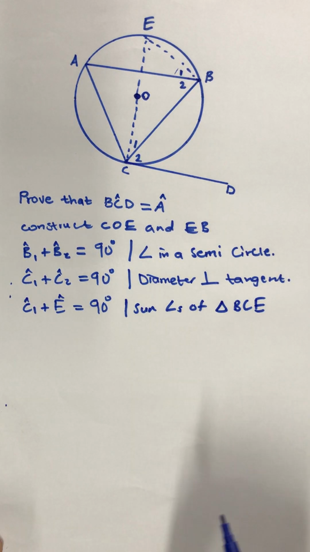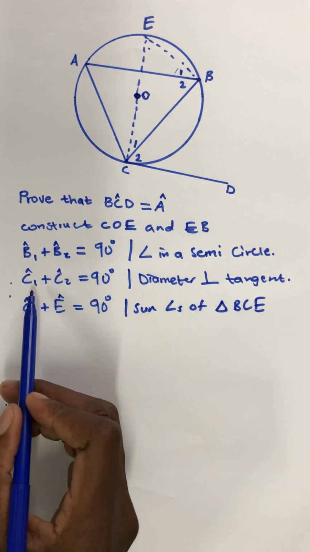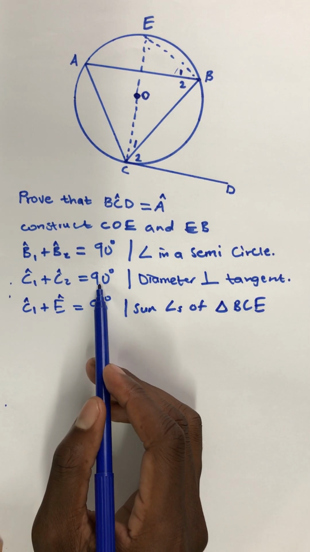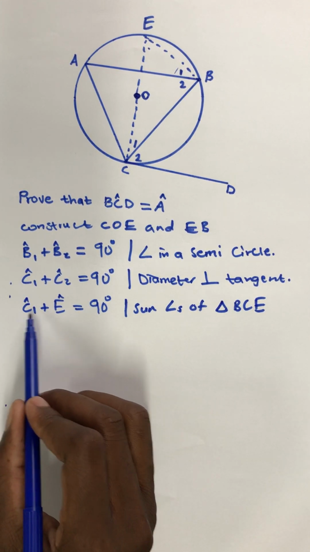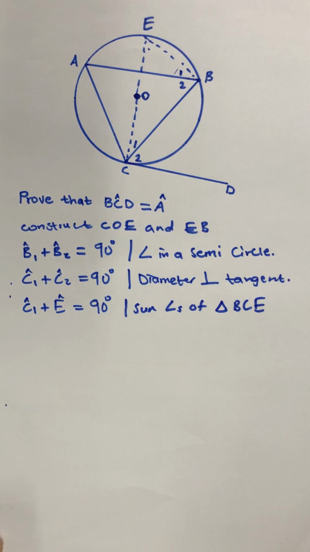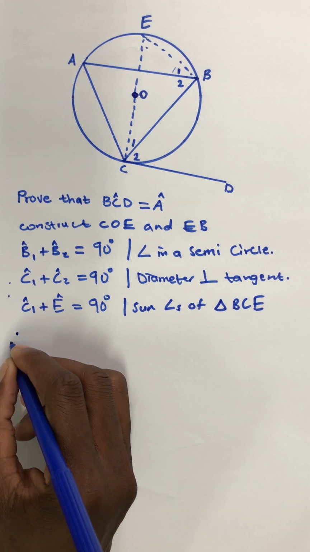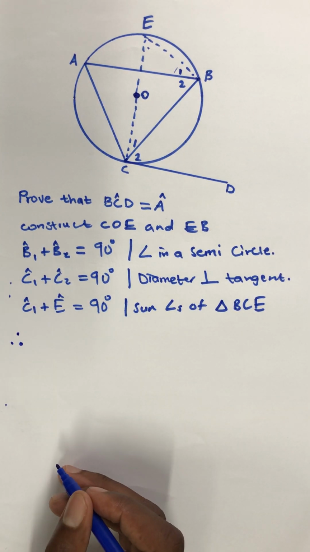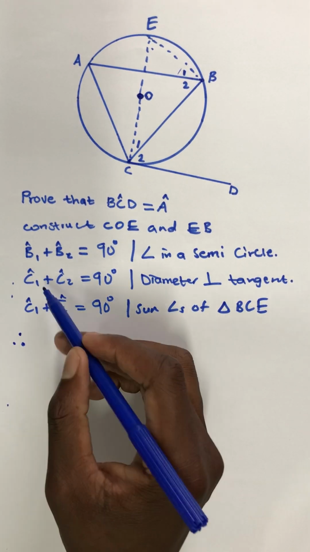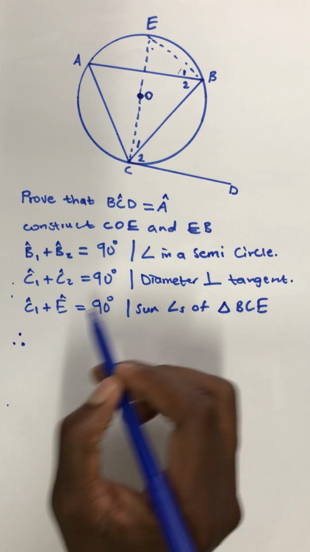So from here, let's check. C1 plus C2 is equal to 90 degrees. C1 plus angle E is equal to 90 degrees. Therefore, when we added C1 with C2, we got 90 degrees.